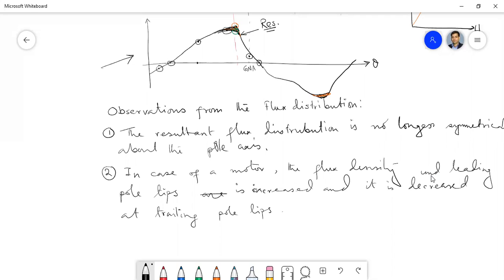Okay. Opposite is true for a generator. Are these two points clear? Okay.